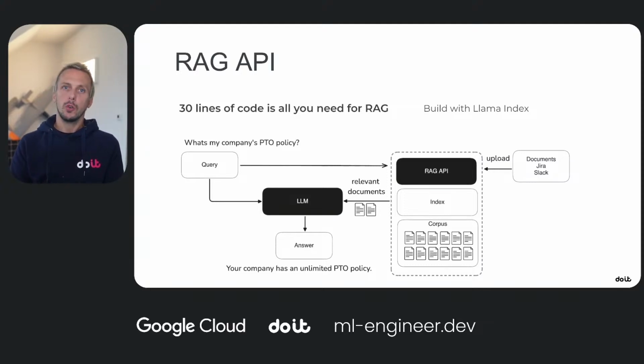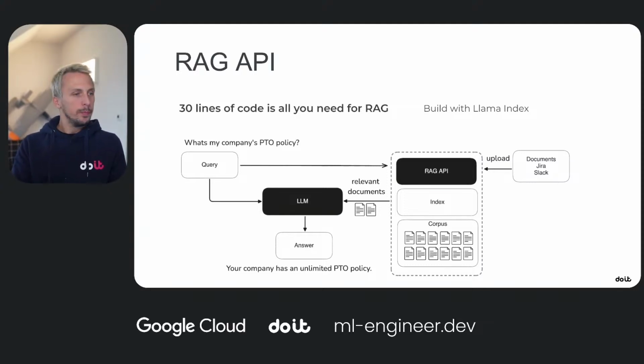Then we can also use this index to retrieve relevant documents for a query we are sending to our RAG API. So if I'm asking about Duet's vacation policy, the company I work for, it takes this question, sends it to the embedding API and to the index, and then I'm getting documents back that are similar to my question. And this is sent to a large language model.